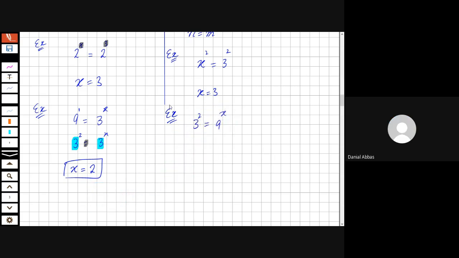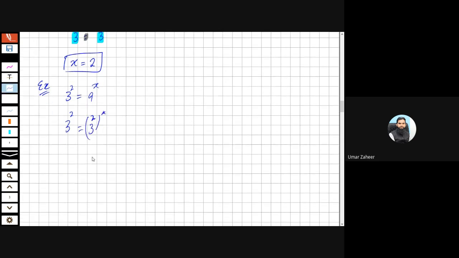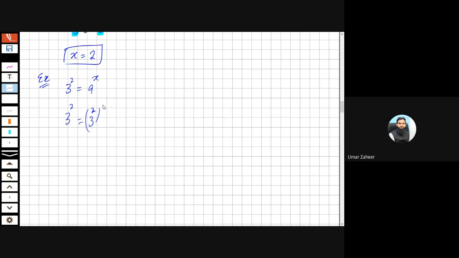Isn't it then x equals 1? First of all, we have to write it. 9 will be basically 3 square, and the power on the power is multiplying. So 3 square, raised to power x, is equal to 3 raised to power 2x.